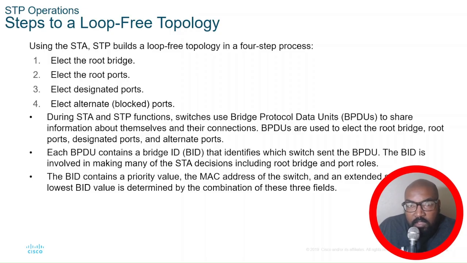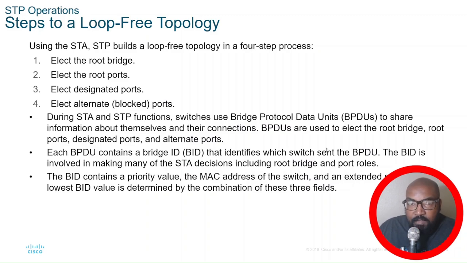So one of us is going to have to bow down to the other, while the other one is the workhorse. That's what has to happen. Each BPDU contains a bridge ID that identifies which switch sent the BPDU, and the BID is involved in making many of the STA decisions, including the root bridge election.